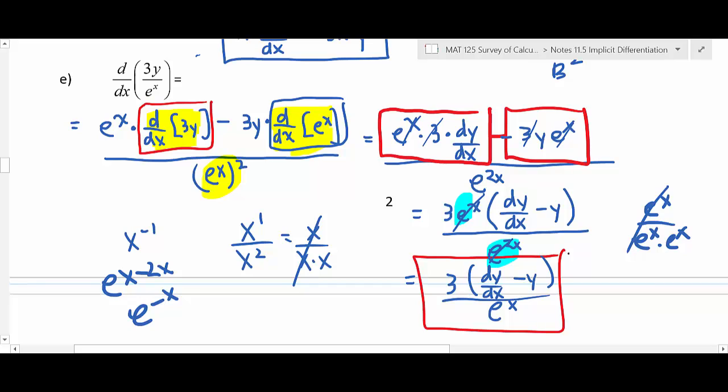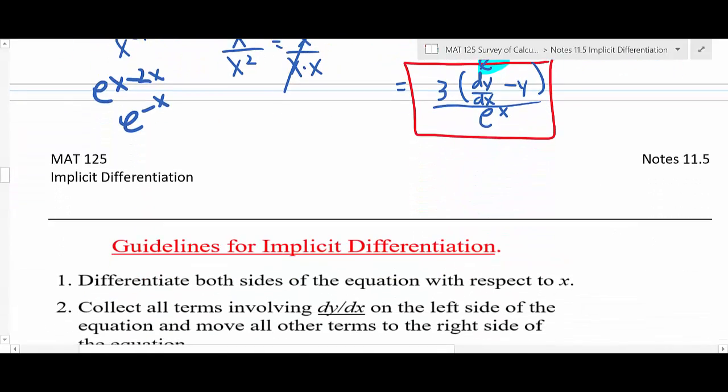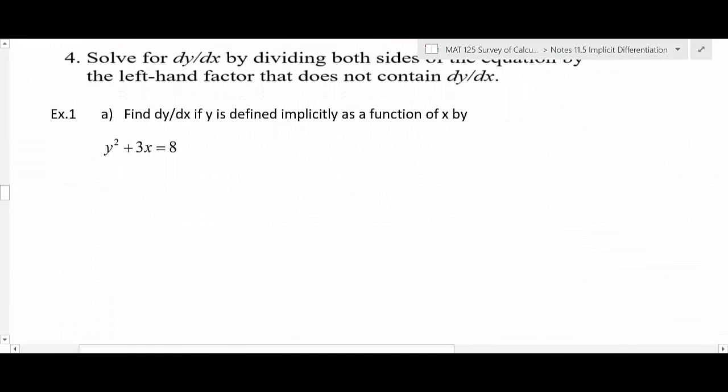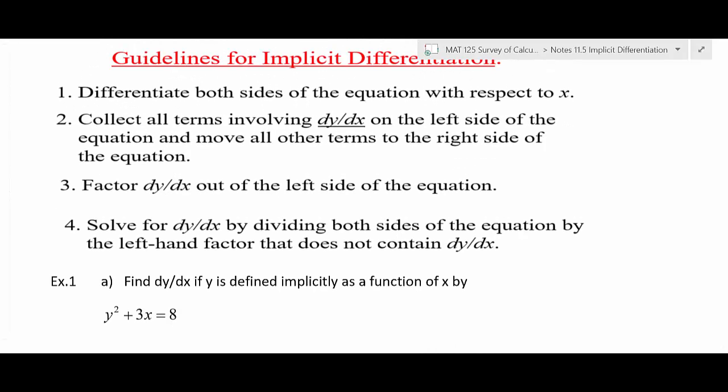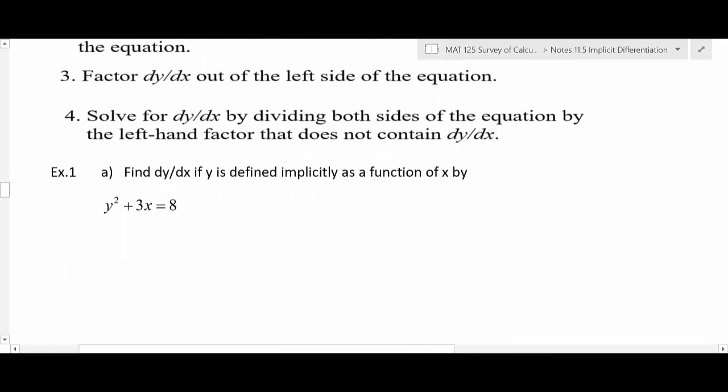All right, okay, now let's get into the implicit stuff here. So on this next page, I've kind of given you the guidelines that you're going to go through when you do implicit differentiation. Now, what we're going to do with this, if I say do a derivative by implicit differentiation, then you don't have to worry about solving for y.